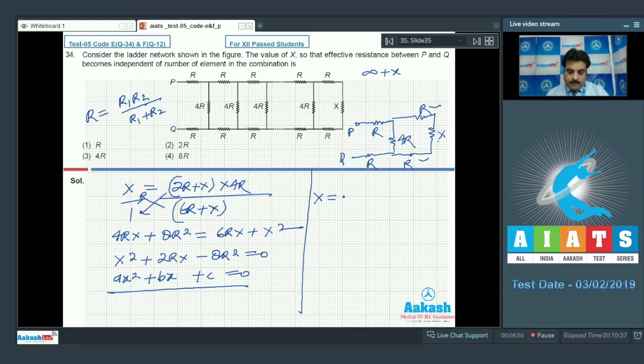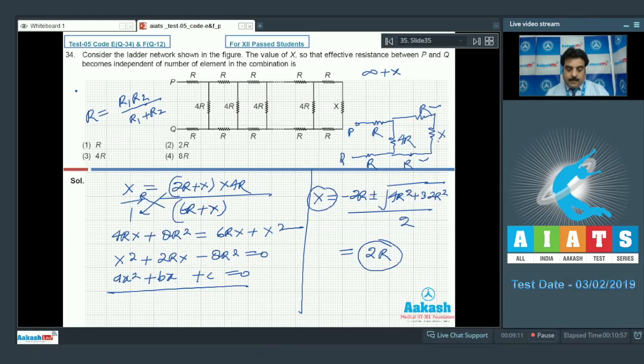So X will be minus b, that is 2R, plus minus square root of b square minus 4ac, 4R square plus 32R square, divided by 2. When you calculate, you will get 2R. So this is the value of X. So in question number 34, my option number 2 will be the right choice.